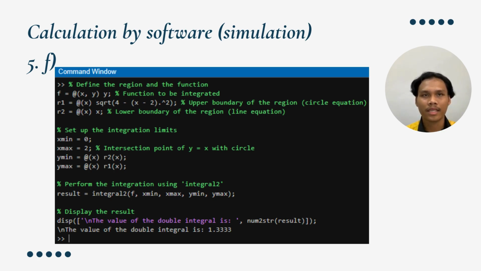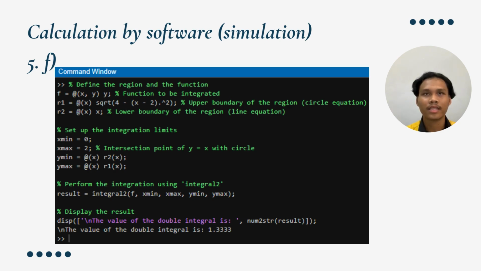the circle equation. And then third, we perform the integration by using result equals to integral 2 in bracket f, comma x min, x max, y min, and y max. This line uses MATLAB's integral 2 function to compute the double integral of f over the defined region.